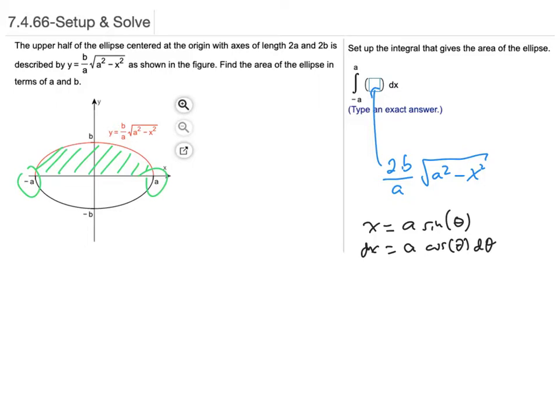And so I can make this substitution into my integrand as the square root of a squared minus a squared sine squared. So don't forget, if x is a sine theta, then x squared is a squared sine squared. You're squaring everything. And then times a cosine theta d theta.